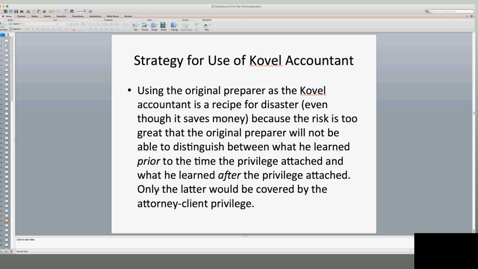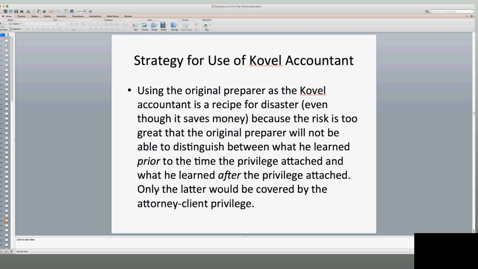And even if you know instinctively and from your gut that this original preparer did not uncover or learn the information or produce the work papers that the IRS is demanding until after the Kovel agreement was inked, the mere fact that he or she is still the original preparer and still in the case will make it brutally difficult to make the case in court that the information was obtained post-Kovel versus pre-Kovel. And it's a losing battle.